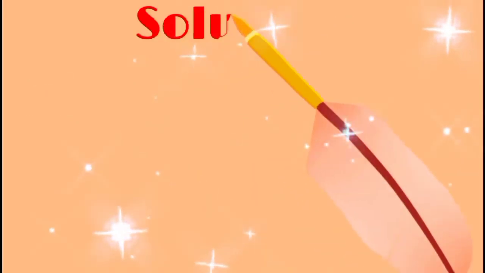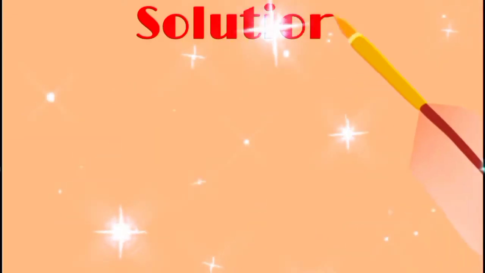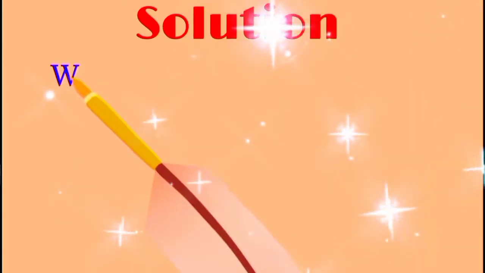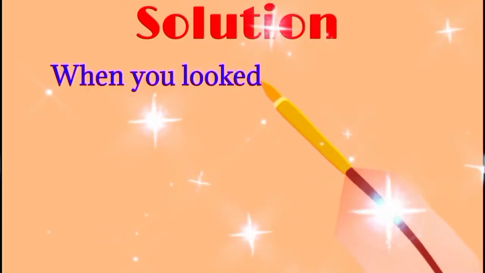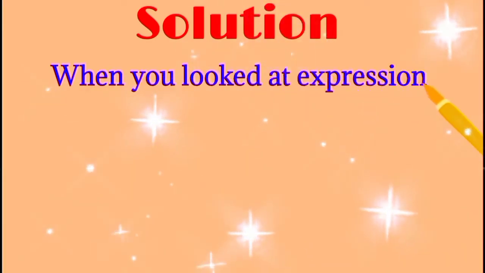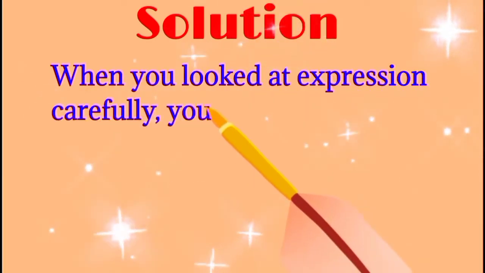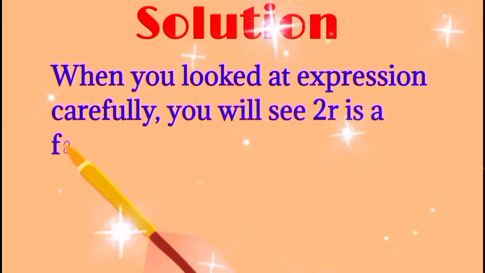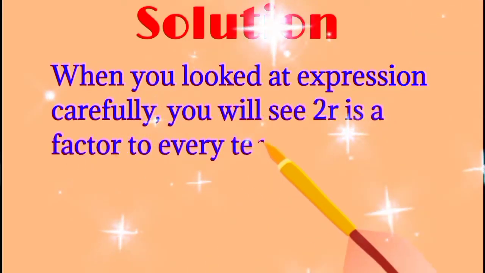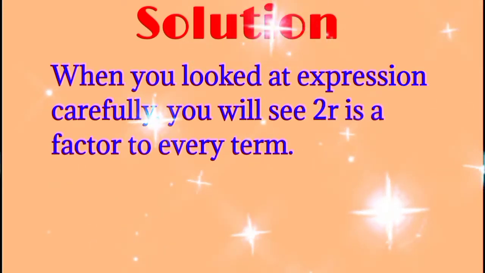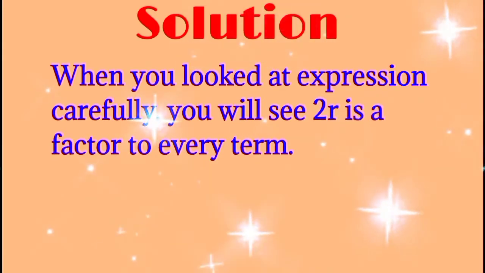The first thing is you check if there is a common factor to all of them. If there is a common factor, you bring out that common factor first before you proceed. So let's quickly take a look at the expression again. You will notice that there is a common factor of 2r.